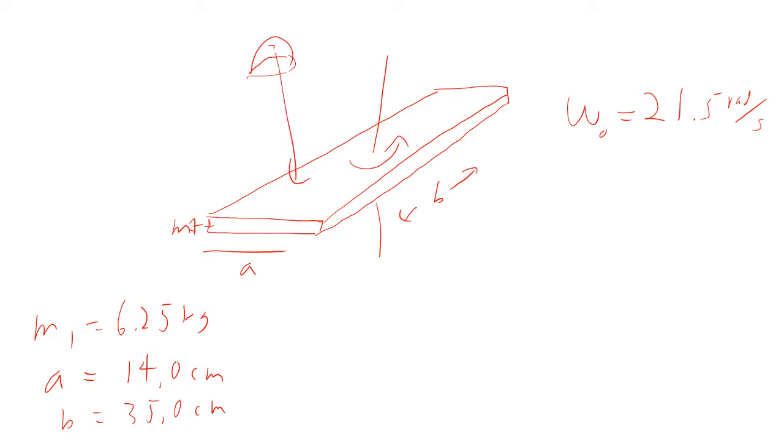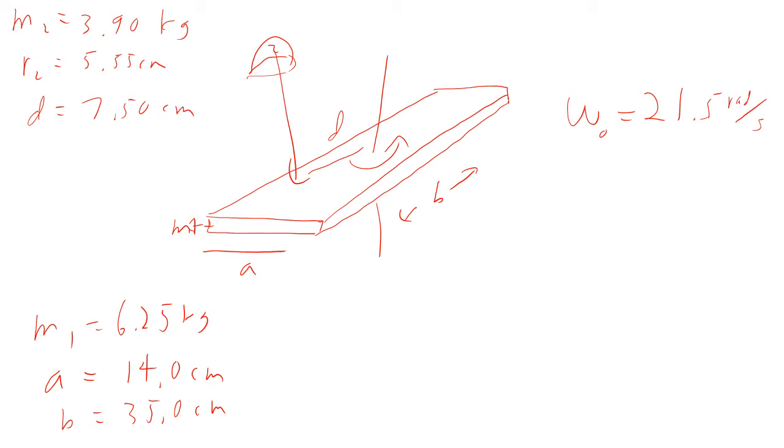The hemisphere, this will be object 2, is going to have a mass of 3.9 kilograms. It has a radius of 5.55 centimeters, and we drop it a distance d off center, so at 7.5 centimeters away from the center.